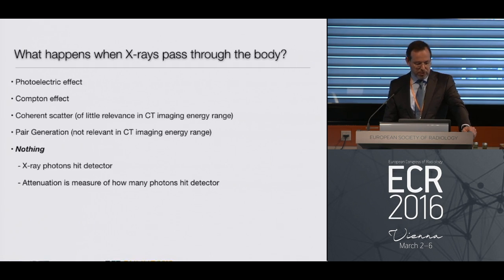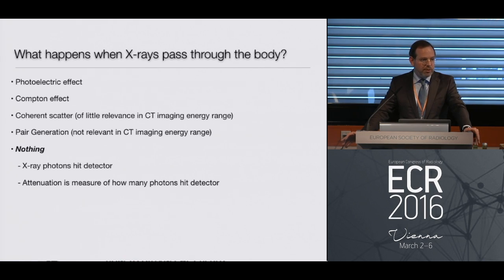So let's review the basics of CT for just a few minutes before we continue on to explain what's so special about this system. What happens when X-rays pass through the body? There's a photoelectric effect, and there's a Compton effect. There's some scatter and pair generation, but that is not relevant in the CT energy range, so we'll disregard those.